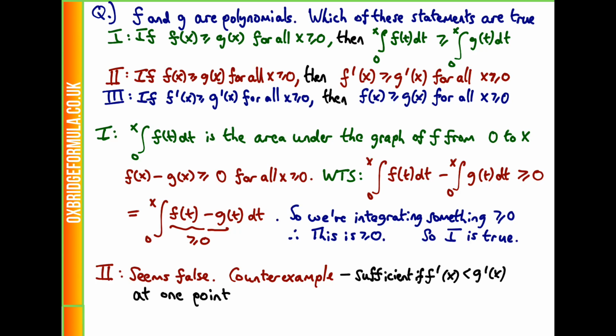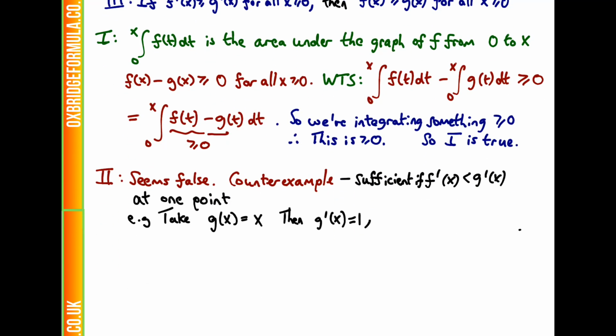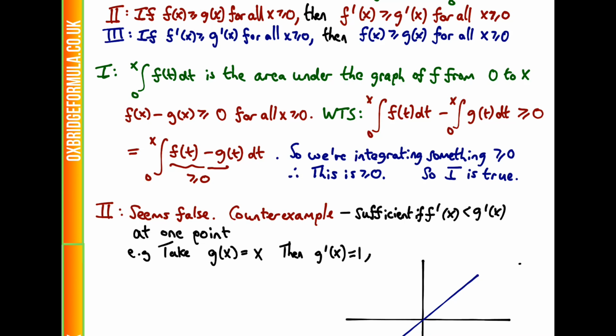So what example can we take? Well, let's just set g of x first, and let's just take an easy case. So let's say g of x is equal to x. So drawing down a graph, it looks something like this, and we know that g prime of x is equal to 1 for all x. So what kind of f can we take? We want an f that's going to be above g of x for all x, so it's going to be in this region, and we want it to have a derivative less than 1 at some point in this right-hand side of the plane.